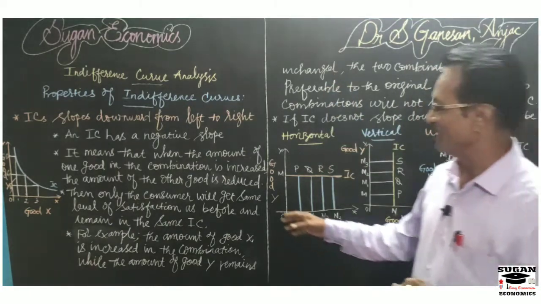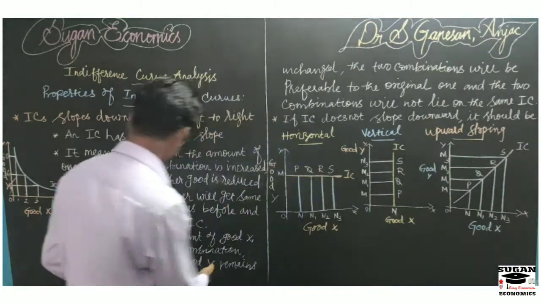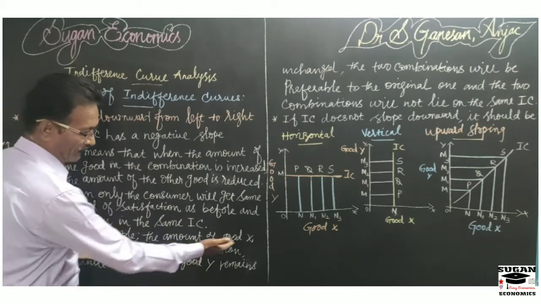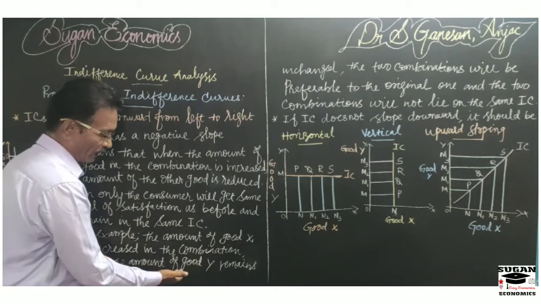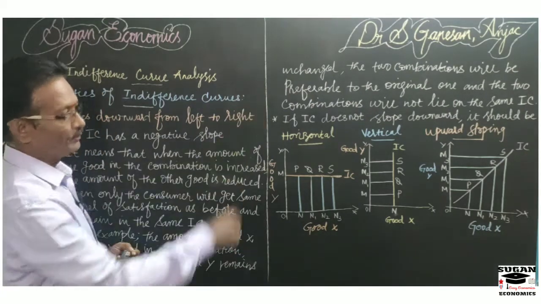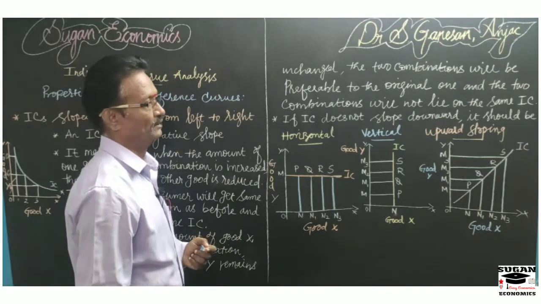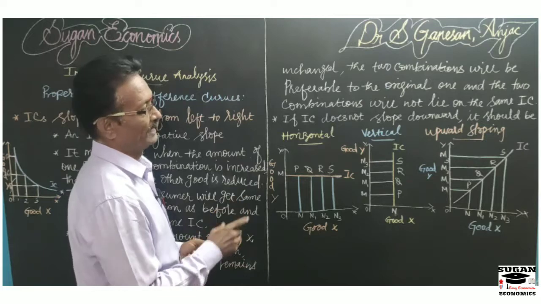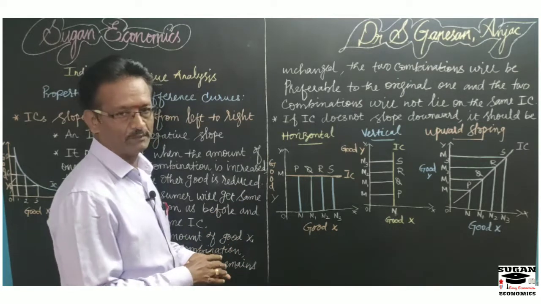Here the consumer is increasing commodity X and keeping commodity Y constant. It means the new combination will be preferable to the original one and the two combinations will not lie on the same indifference curve.